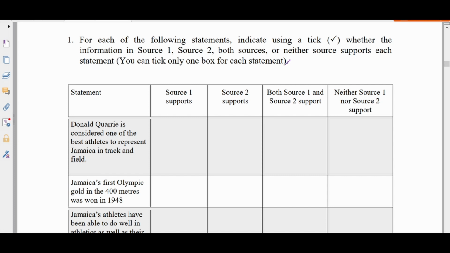Now, let's go with this. So it says here, Donald Quarrie is considered one of the best athletes to represent Jamaica in track and field. Alright, so is this source 1? Is this source 2? Both sources support this or neither support that.